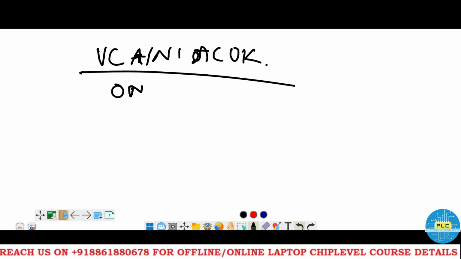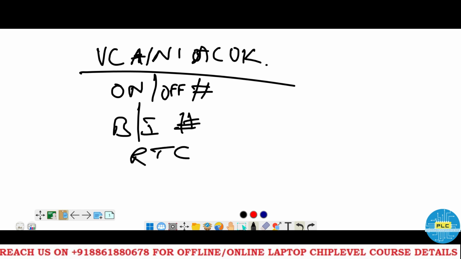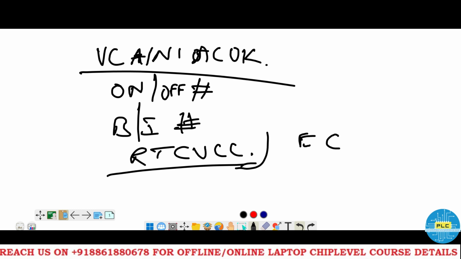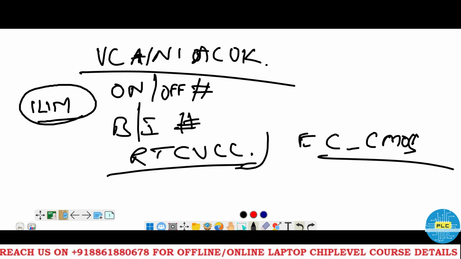Second one, on and off hash, battery information hash, RTC VCC. Then what did we get? EC CMOS, and ILIM also we got, but it's not moving forward.